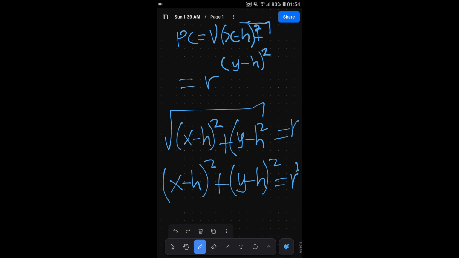Okay, so this is r squared, and here is the equation of a circle. This is the standard equation, the formula for the standard equation of a circle.